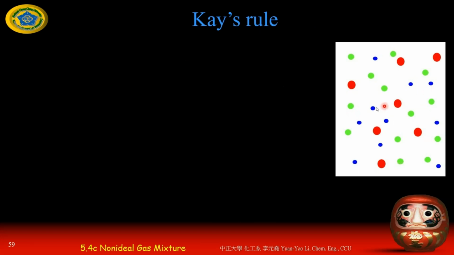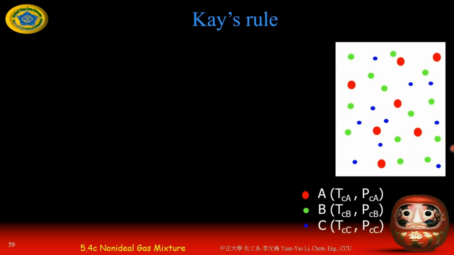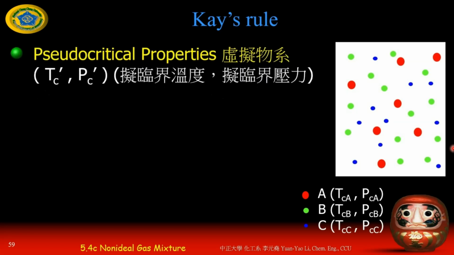Assume we have three types of gases in the chamber. They are A, B, and C. So A species has its own critical temperature and critical pressure, right? B species has its own critical temperature and pressure, the same as C. And we want to know the pseudo properties.